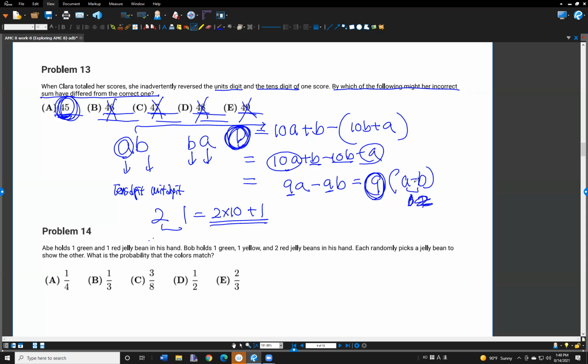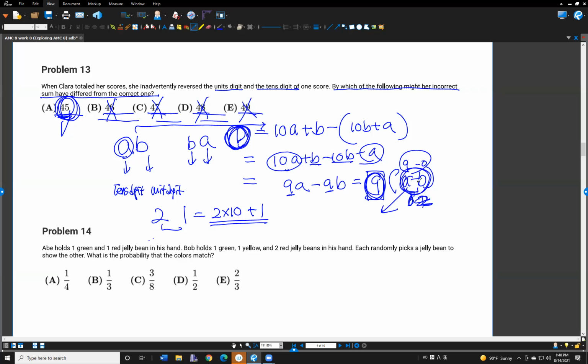But the digit difference, what is that? The highest difference is 9, the lowest difference is only 0, right? Okay? It can be many. But anyway, we know that the number is a multiple of 9. Can you see that over here? Which number is a multiple of 9? Only 45 is a multiple of 9. Is it okay? So what does that mean? How can you find the multiple of 9 over here?